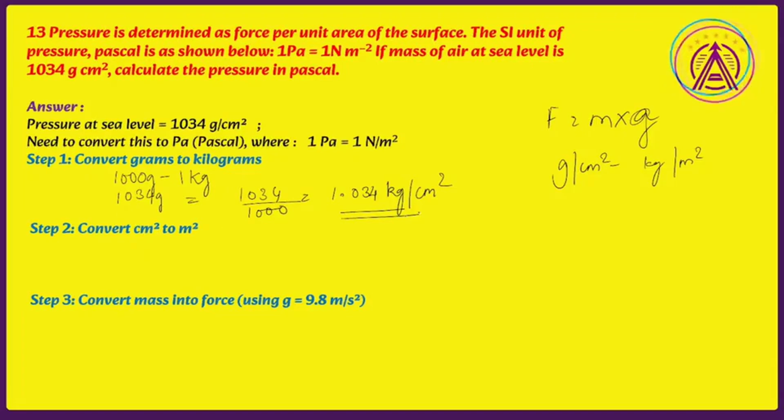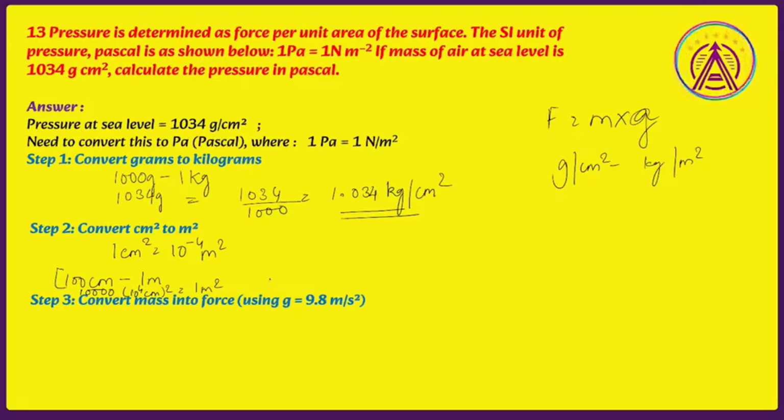Now, I have to convert centimeter square to meter square. So I know that 1 centimeter square is nothing but 10 to the power minus 4 meter square. Correct? Why? Because 100 centimeters is 1 meter. If I square this, 10 to the power 4 centimeter square is 1 meter square.